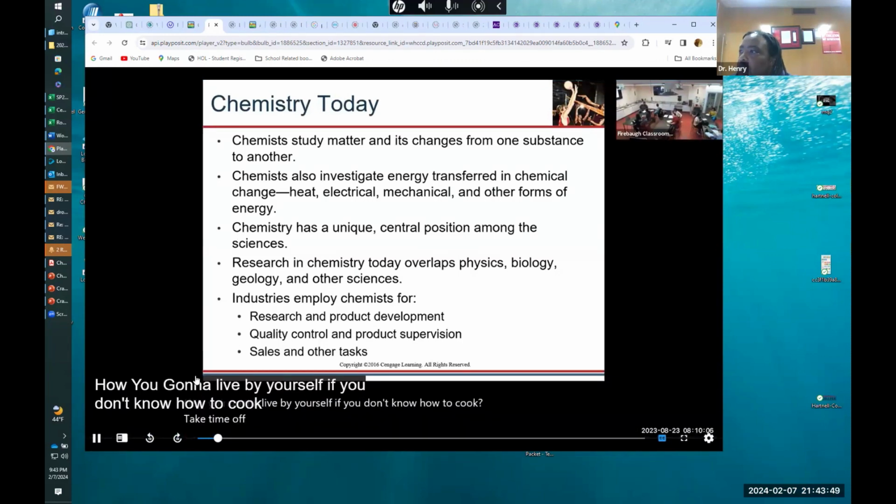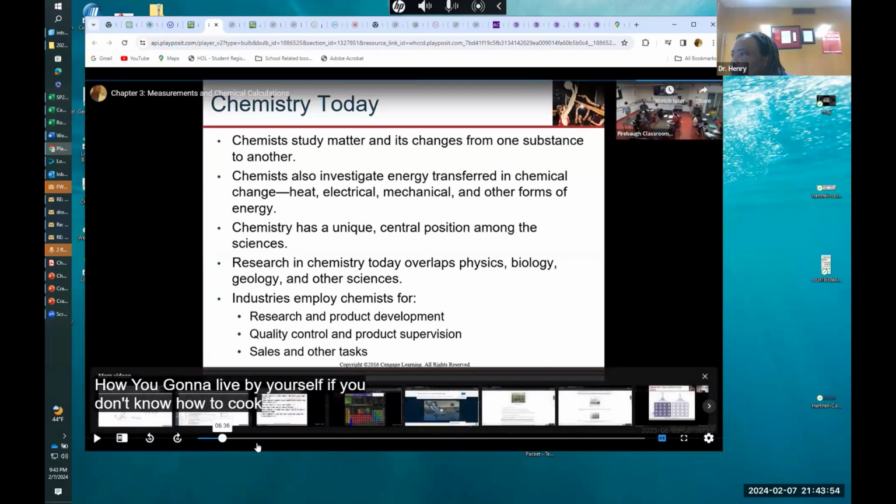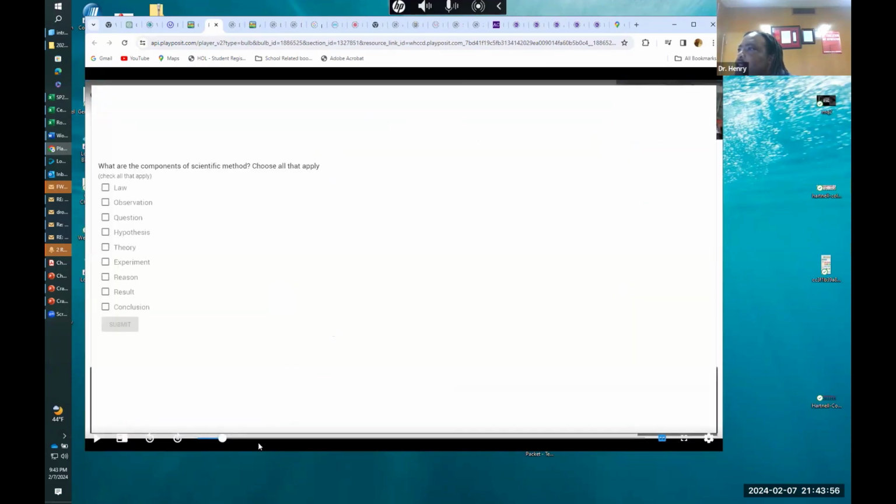There's the question. Okay, so what are the components of the scientific method? Check all that apply. And so we go through and we answer the question, right?